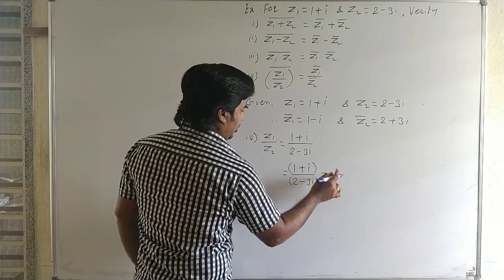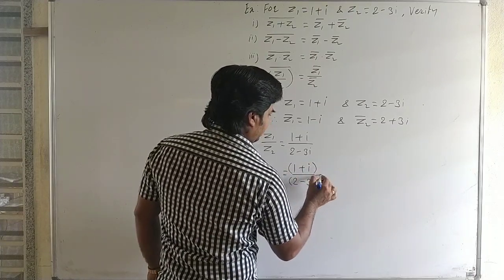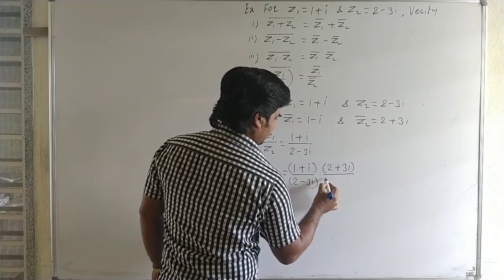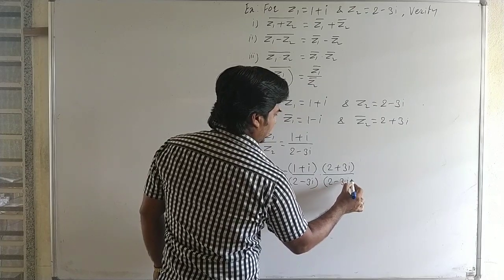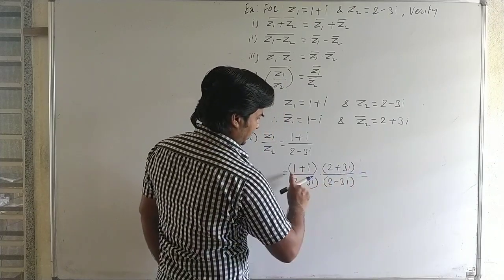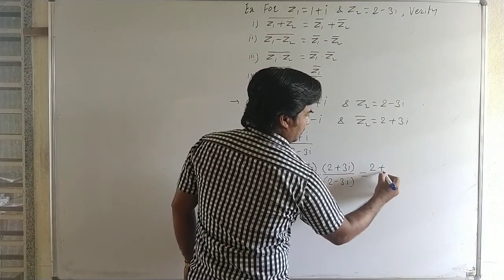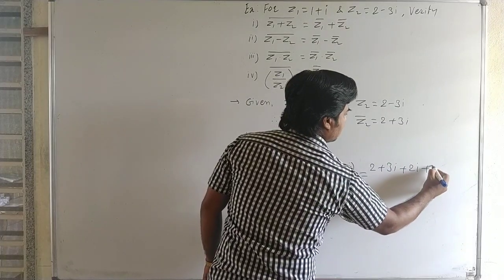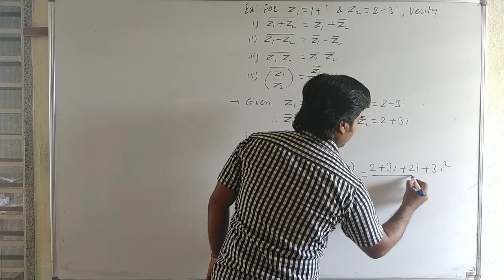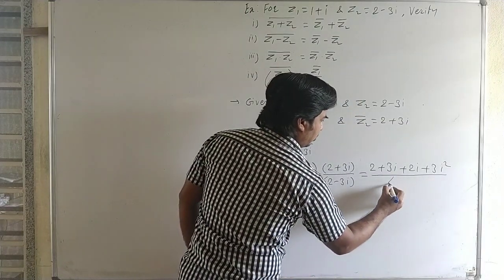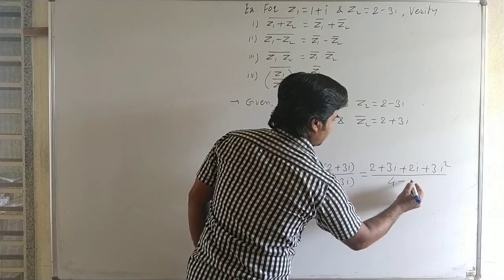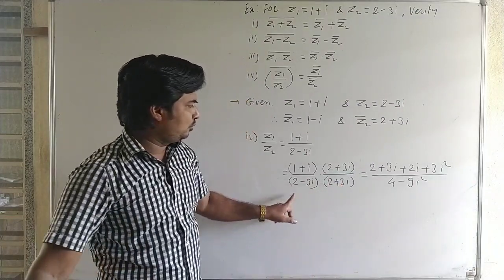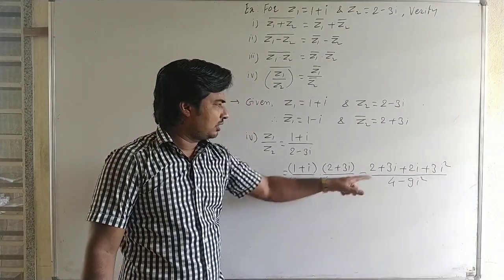Then multiply numerator and denominator by the conjugate of the denominator, 2 plus 3i upon 2 plus 3i. Okay, take the multiplication. It is 2 plus 3i plus 2i and plus 3i square upon the multiplication, it is 4 minus 9i square. See carefully, 2 minus 3i and here 2 plus 3i, therefore a square minus b square, 4 minus 9i square.